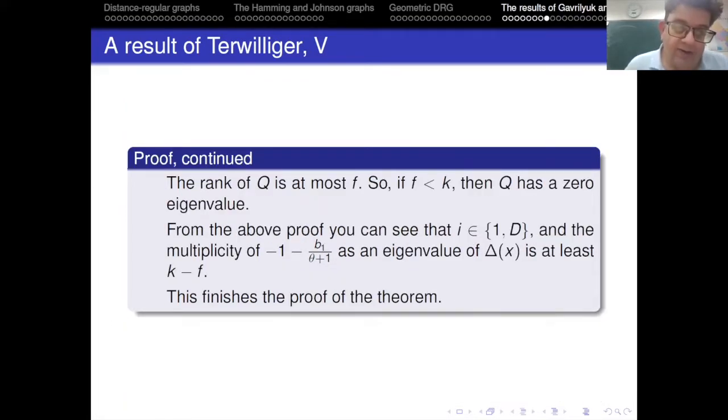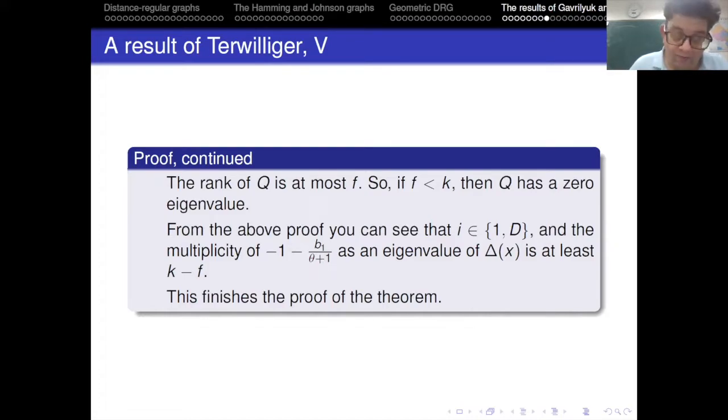We already have seen that the rank of Q is at most F because we can take M equal to F. So if F is less than K, then Q must have a 0 eigenvalue. From the above proof, you can see that then theta must be in one of these, because then you have to have the sharpest inequality, and the multiplicity of minus 1 minus B1 over theta plus 1 as an eigenvalue of delta X is at least K minus F, because it's K minus the multiplicity.